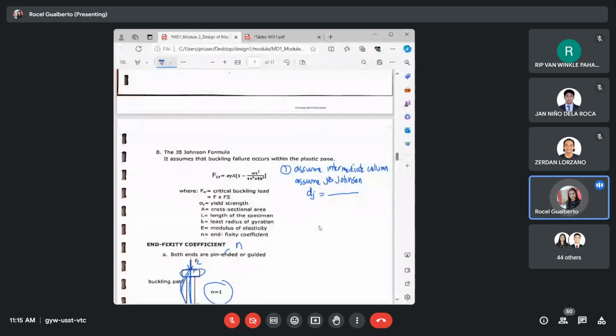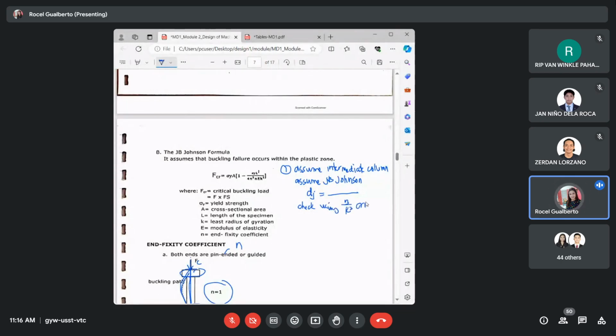Now, tanong, tama ba yung sagot natin na yon? Yes or no? No po. Hindi pa po natin alam. So, para malaman, you need to check using B over K squared criterion.